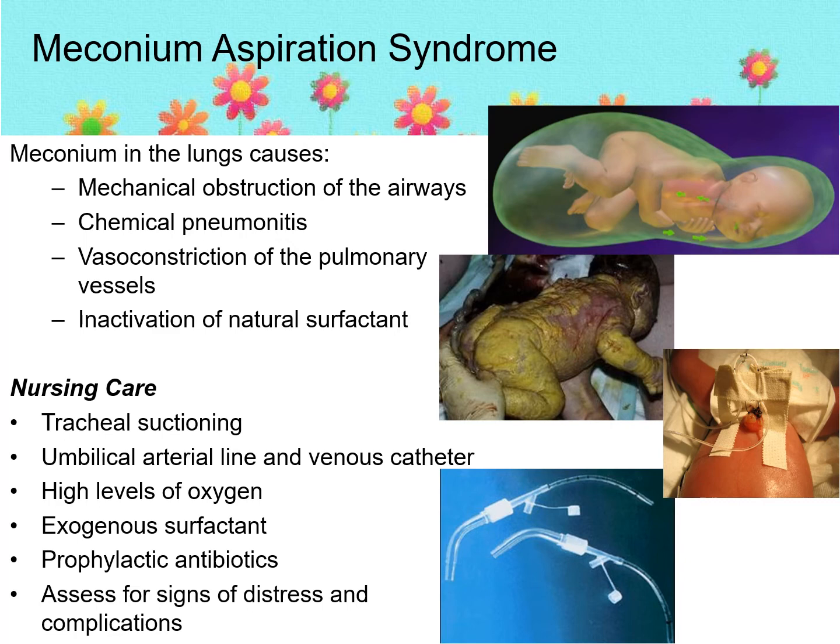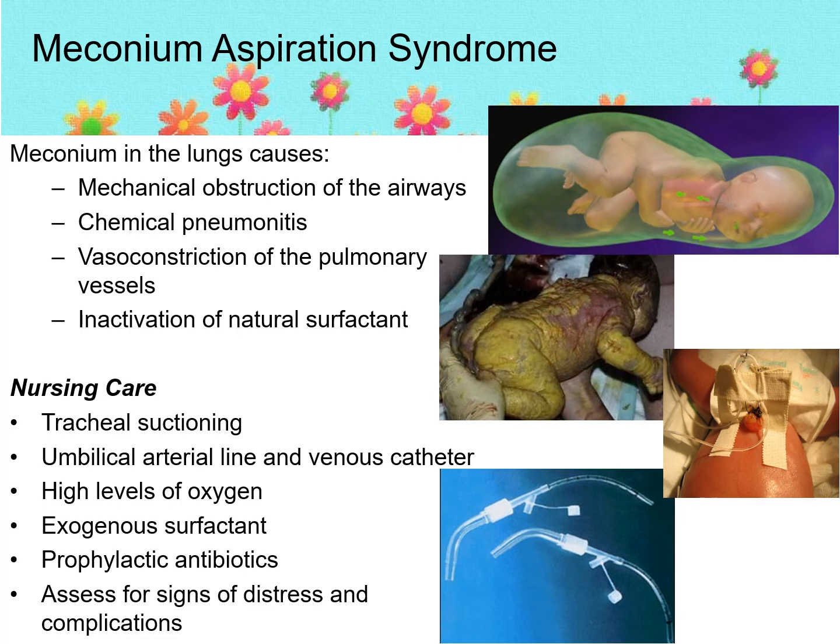Okay, to care for these babies, we're going to use some tracheal suctioning. If you look at the very bottom, those are called meconium aspirators. They do hook up to normal suctioning, but they're thicker and larger in diameter to pull out the meconium all the way from the trachea. Okay, our baby may have some umbilical arterial and venous lines.